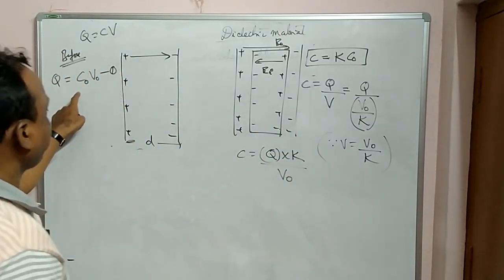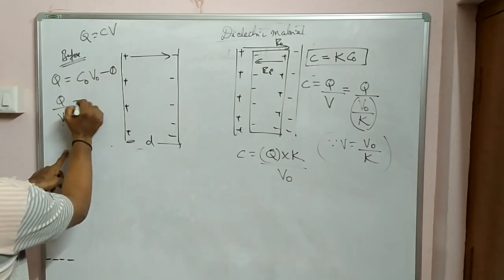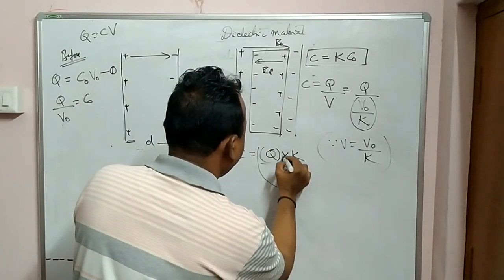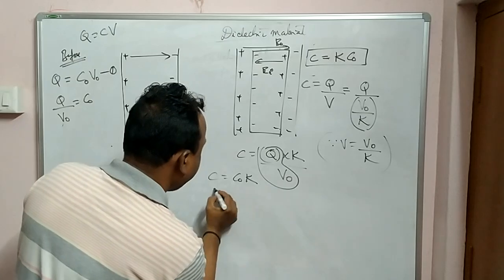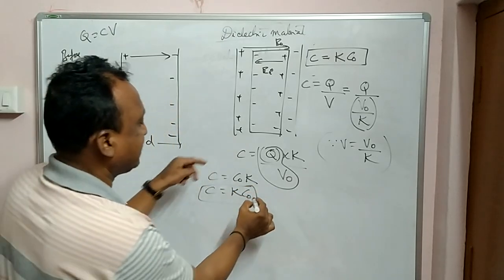Okay? So, from equation 1, what is Q by V0? That is C0. So, C is equal to C0 into K, or C is equal to K into C0. So, this is the value.